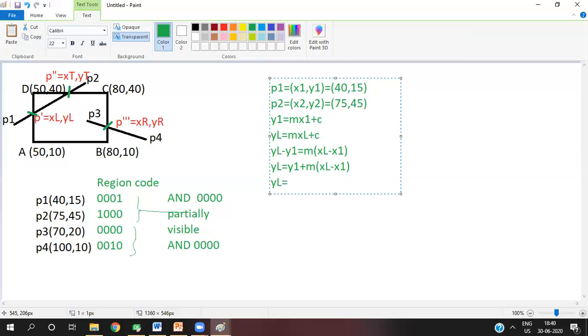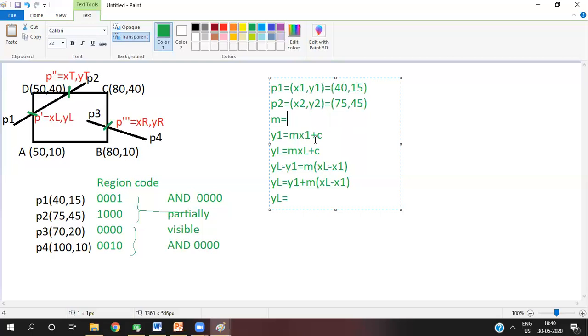Yes. Then calculate the slope of a line. M is equal to y2 minus y1 divided by x2 minus x1, that is 45 minus 15 divided by 75 minus 40.